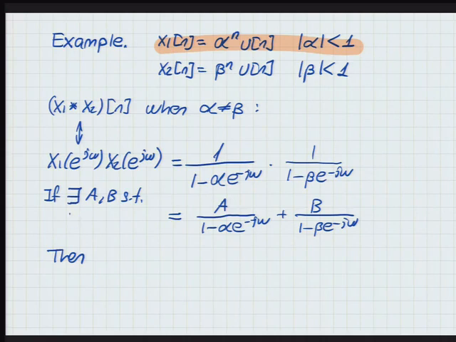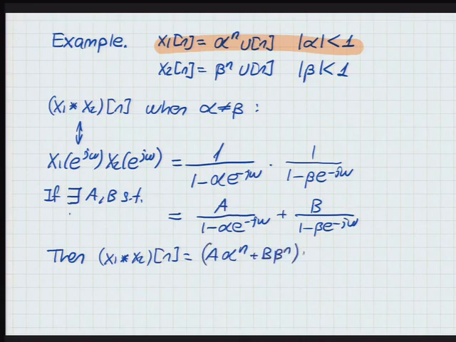Anyway, if I can find a and b so that this product can be written as such, then I've already found the answer, right? x1 convolution x2 of n is going to be a alpha to the n times u of n plus b beta to the n times u of n, right? So that's the benefit of this property, because things are simple. If you know fundamental DTFT pairs, then you can use this to your advantage and not have to deal with convolutions.